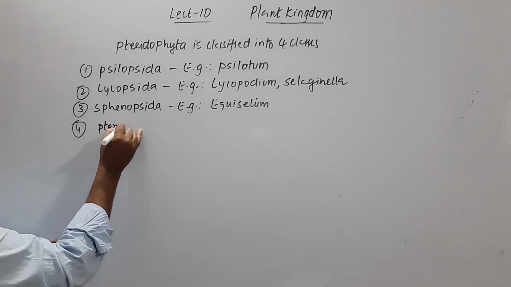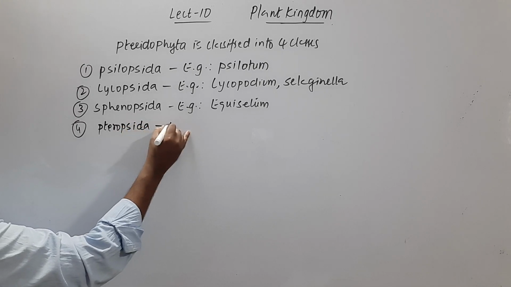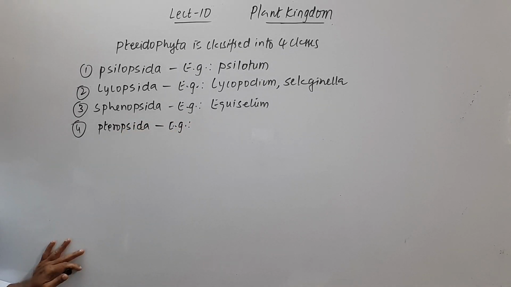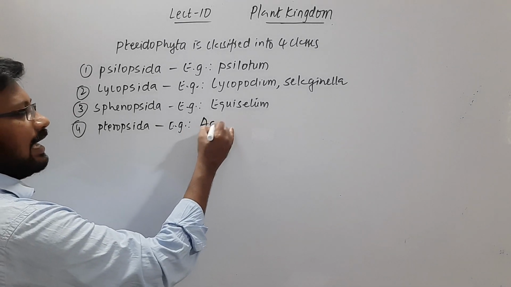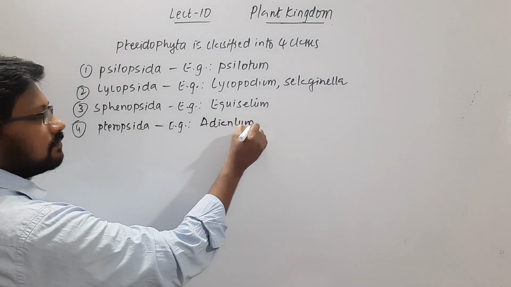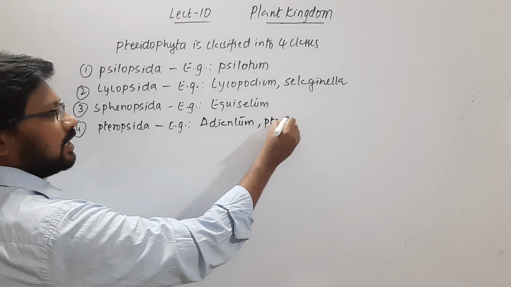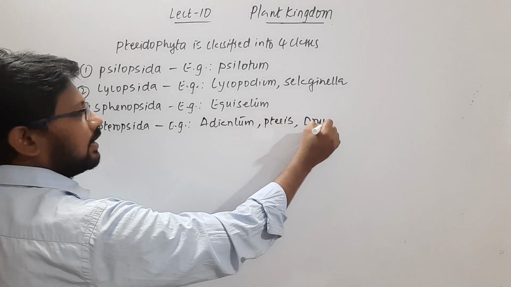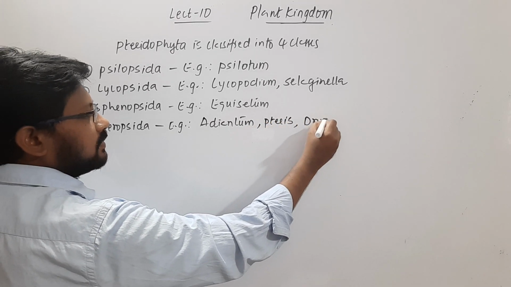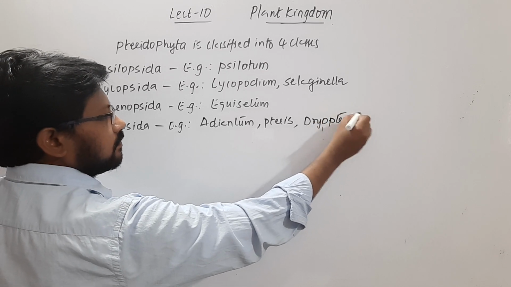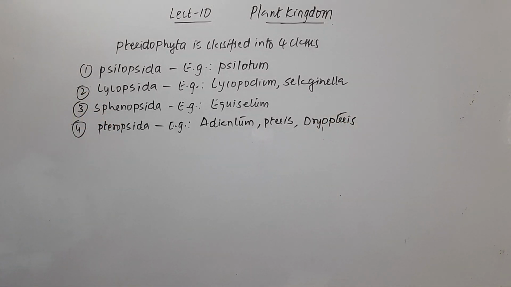Then Pteropsida. This one includes Adiantum, then Pteris and Dryopteris as some examples under this Pteropsida.